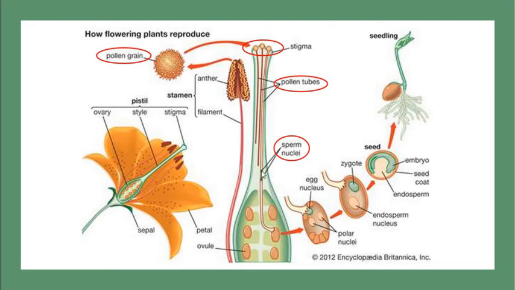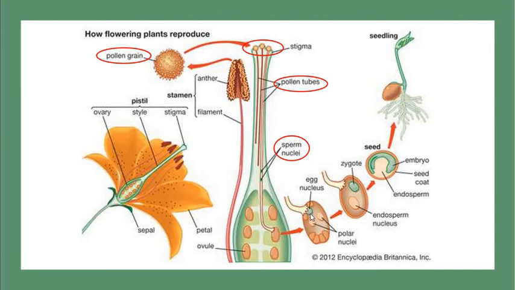So this process is actually known as double fertilization because in this case it requires 2 sperm for the plant to properly form seeds. So these sperm come down through these pollen tubes that eat through the style, and then they go to these ovules. And like I said, these ovules are what are going to become seeds.